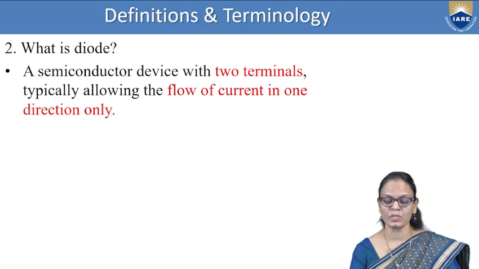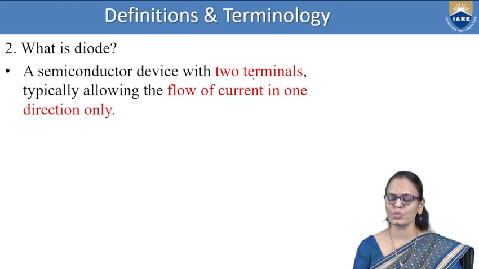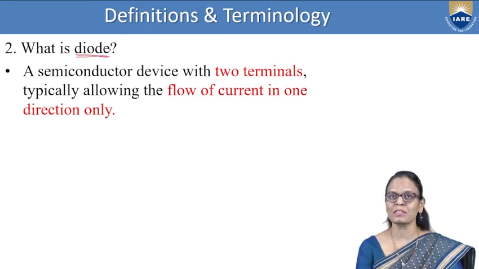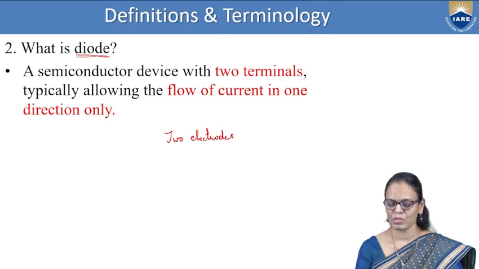Now what is a diode? A semiconductor device with 2 terminals, typically allowing the flow of current in one direction only. Diode: di means 2, ode means electrodes. So they will have 2 electrodes. We will call them 2 terminals. The best example we have is a PN junction diode.